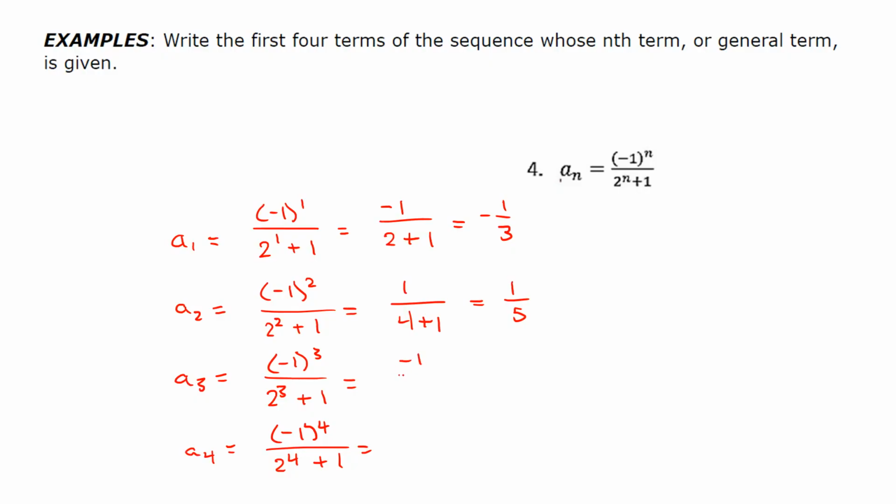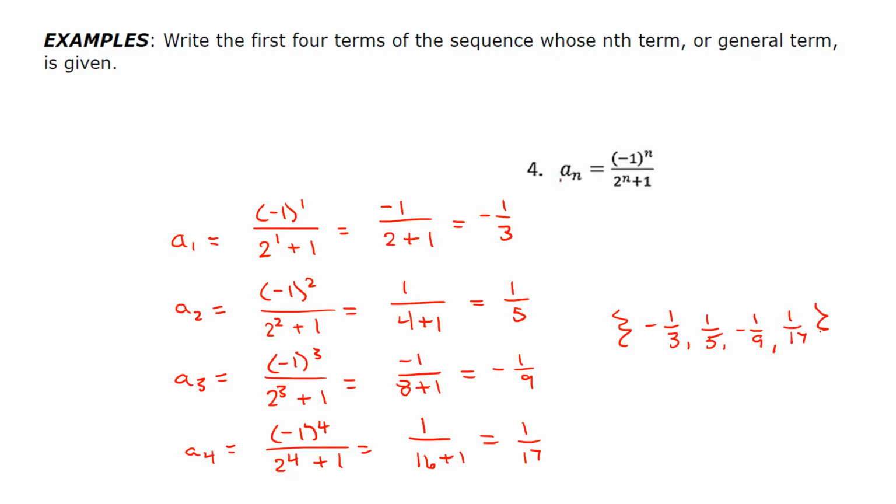Then I'll have negative 1/8 plus 1. So that's negative 1/9. Then I'll have 1/16 plus 1, which is 1/17. So the first four terms in the sequence are negative 1/3, 1/5, negative 1/9, and 1/17.